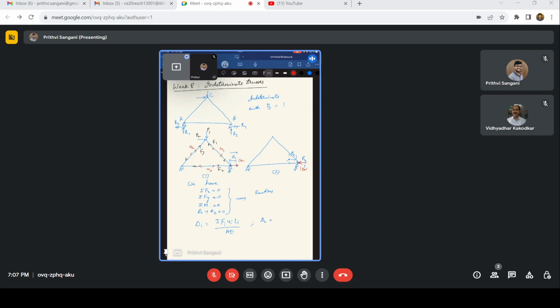So delta 2 will be R4 sigma U i squared L i by AE. Then delta 1 plus delta 2 equals 0, because that is our compatibility condition. Let me write it clearly.